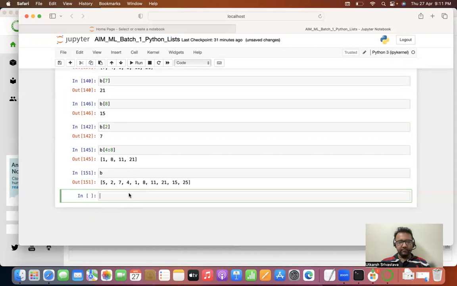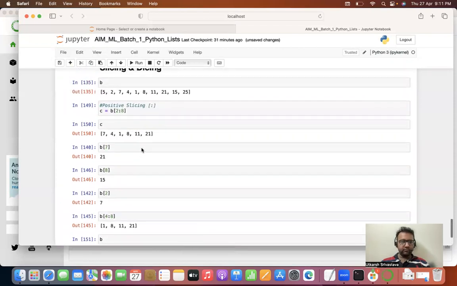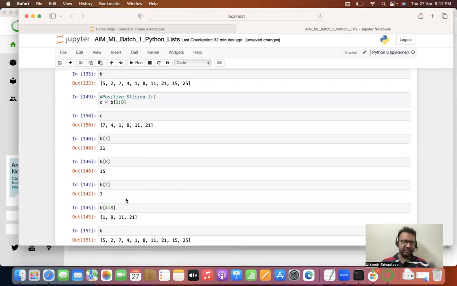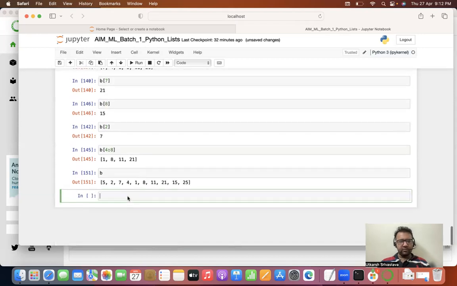Positive slicing in the sense we will be considering left to right of the list. Let us talk about positive slicing only, left to right. No doubts in positive slicing.